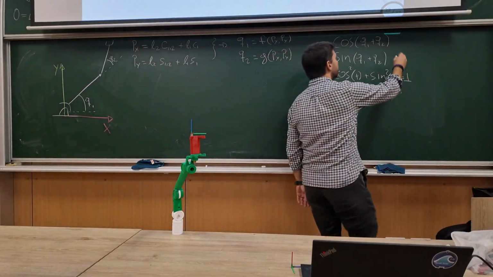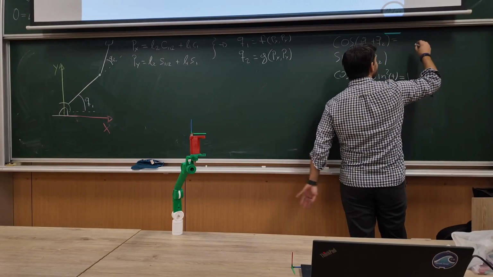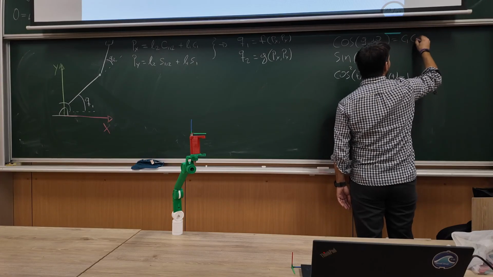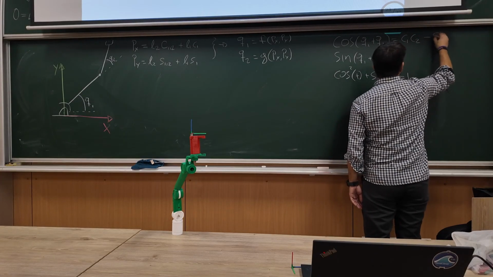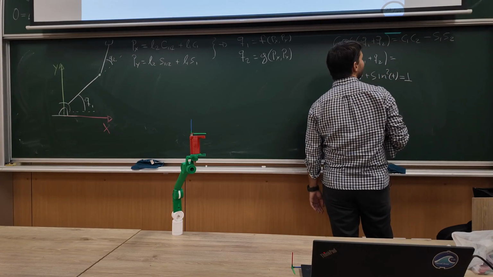What is this one? Cosine: cos q1 times cos q2 plus minus sin. And this one is?